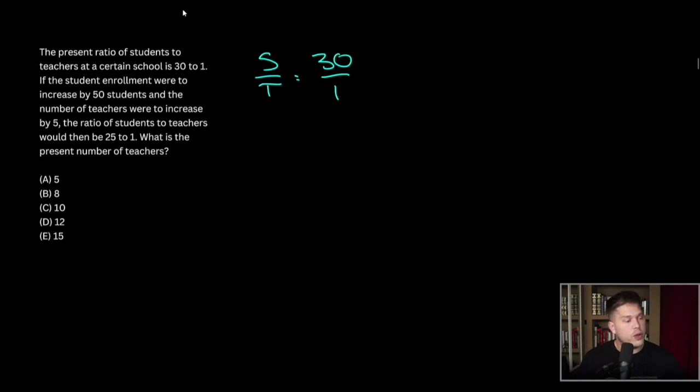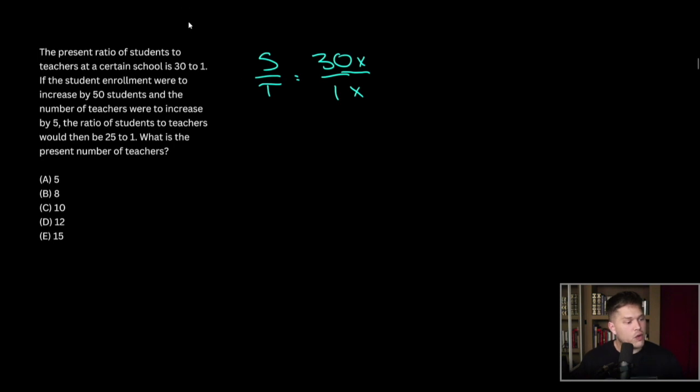Okay, and we're told that our ratio may change. Of course, this 30:1 is really just some 30x over some 1x, whereas we don't necessarily have 30 students and 1 teacher. We could have 60 students and 2 teachers, right? So that's why this x is here.